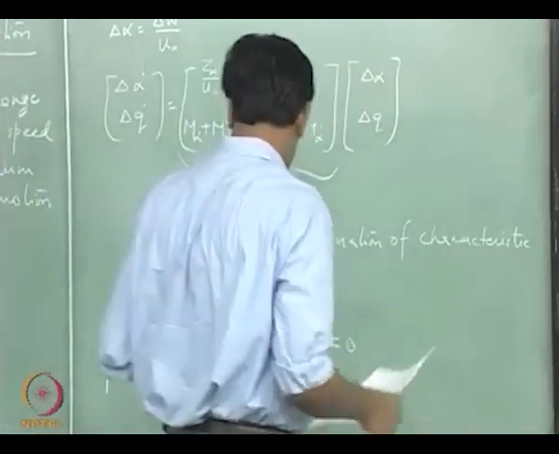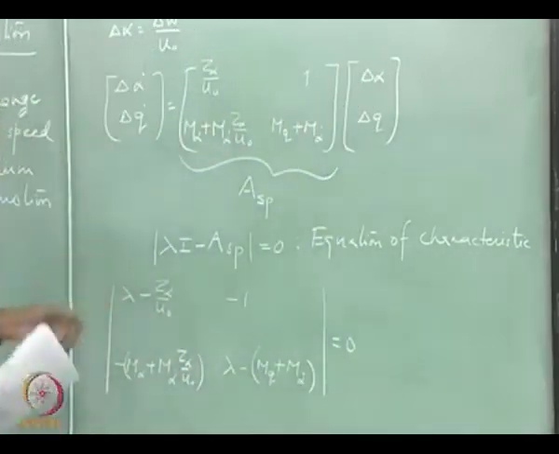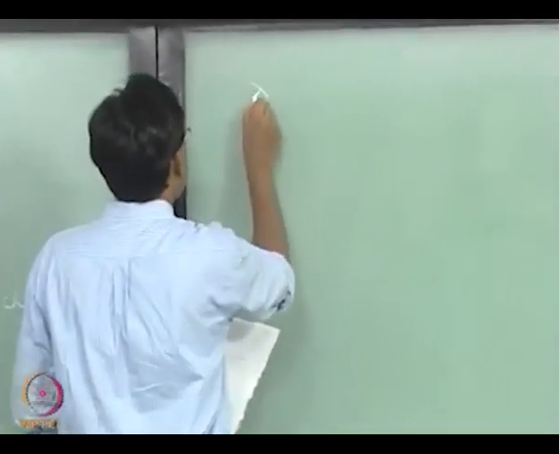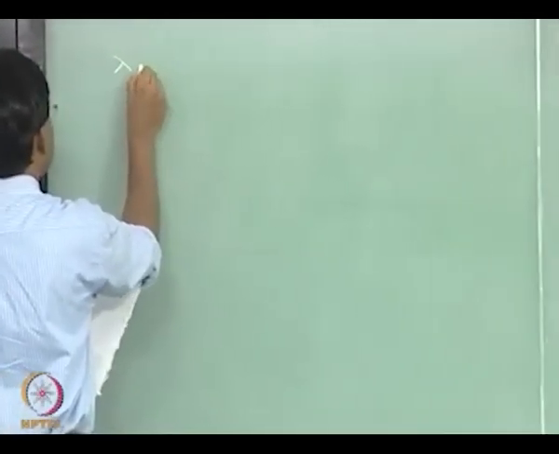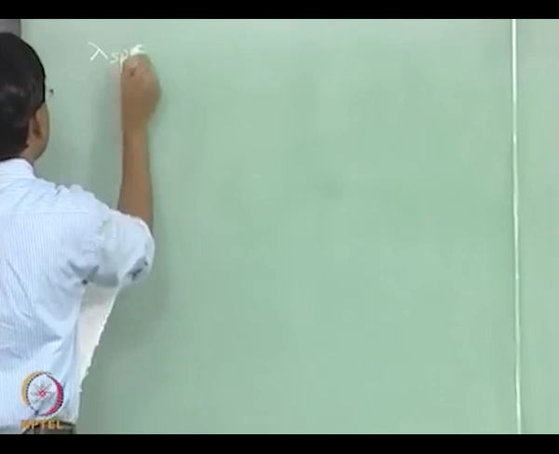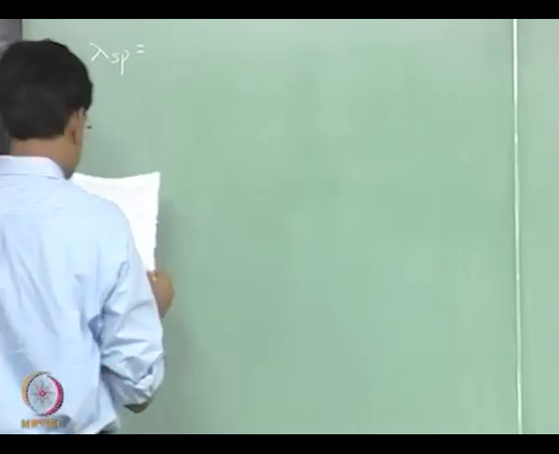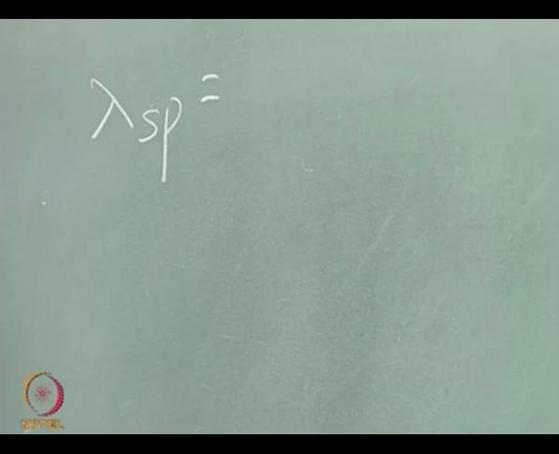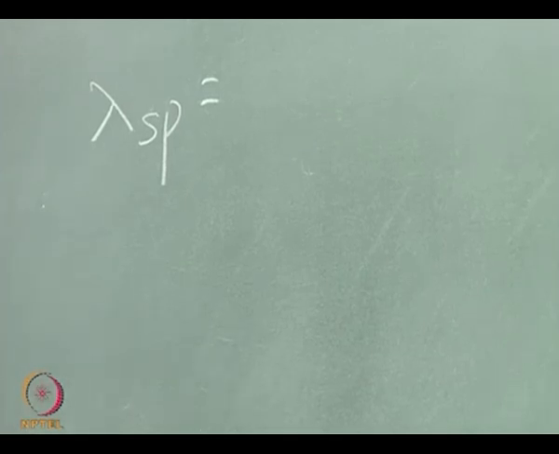This will result in two values of lambda, complex and complex conjugate, right, and it will come from this equation.